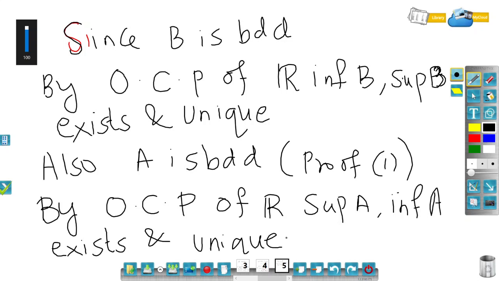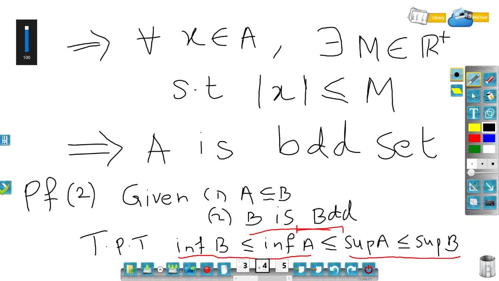So now it's very clear that sup A, sup B, infimum A and infimum B all exist. Right. Now I need to prove, first, that infimum of B is less than or equal to infimum of A.